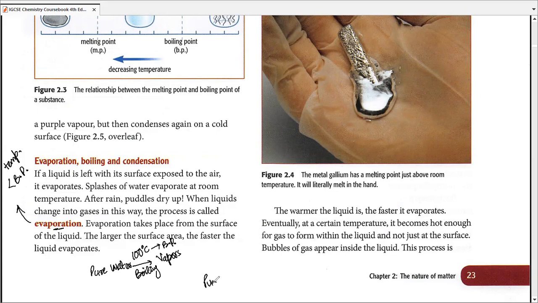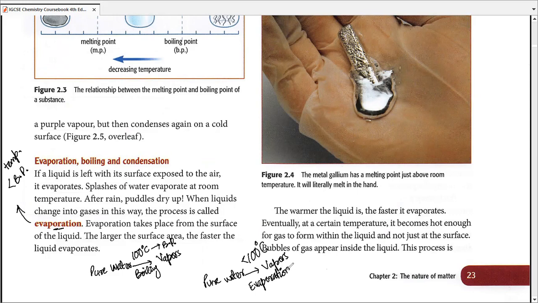But if pure water, or any kind of water, is converted into vapors at a temperature less than 100 degrees centigrade, say 99 degrees centigrade, that is evaporation.